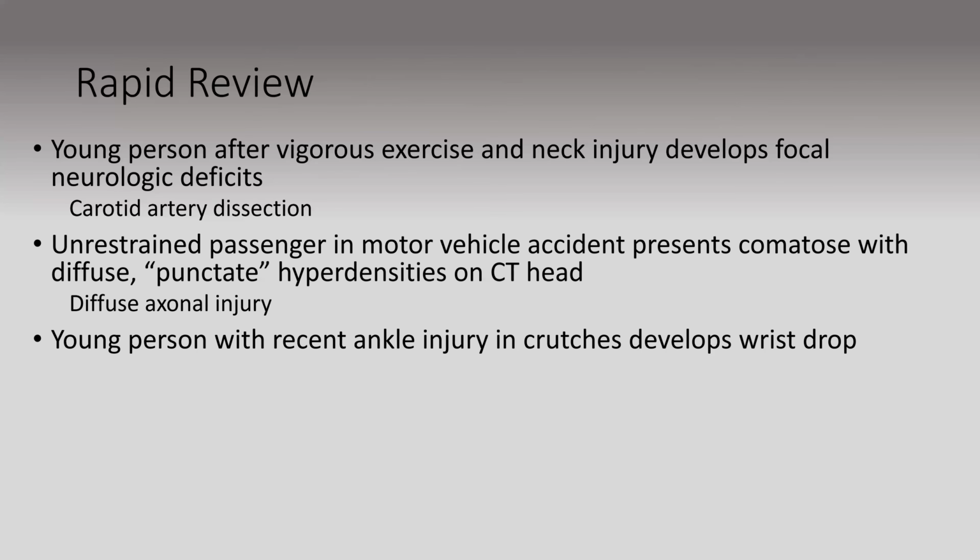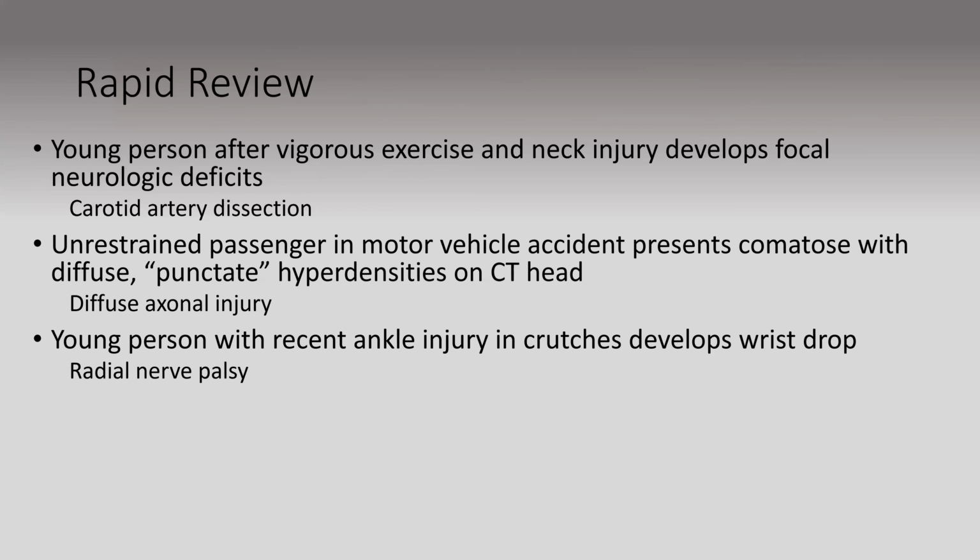Okay, the next one. A young person with a recent ankle injury on crutches now develops wrist drop. So this is classic radial nerve palsy. Remember, the radial nerve runs in the spiral groove of the humerus, and that is oftentimes vulnerable just under the armpit.